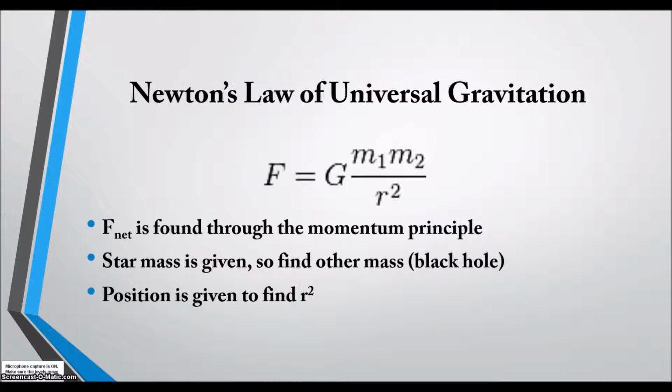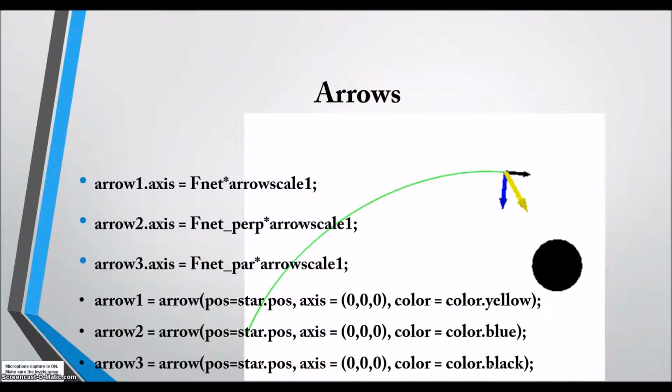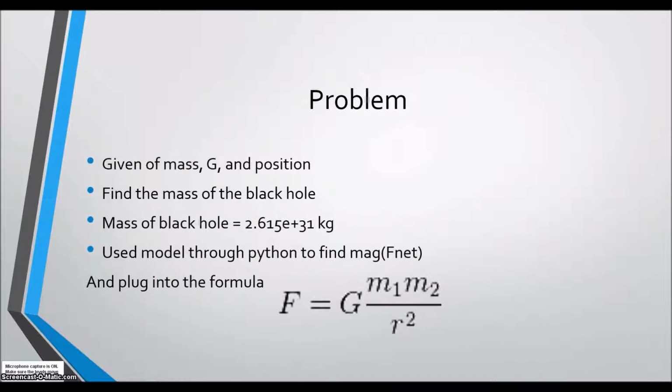So the position is given to find r squared, and we just use code to find the black hole mass. So black hole mass is equal to the magnitude of Fnet times the magnitude of r squared over G times star mass. This is just basic algebra, and it comes out to be, as we said earlier, 2.61 times 10 to the 31 kilograms.